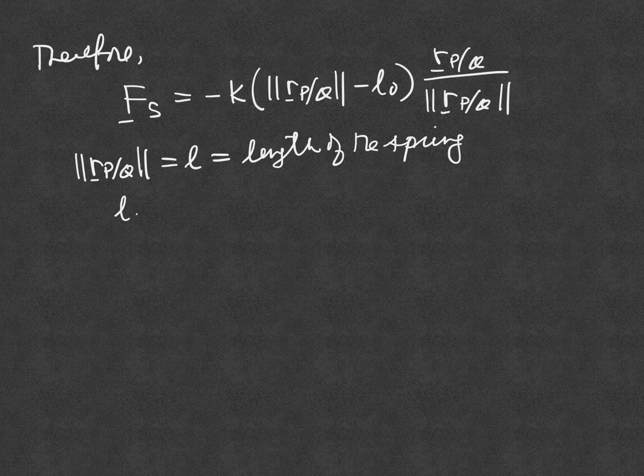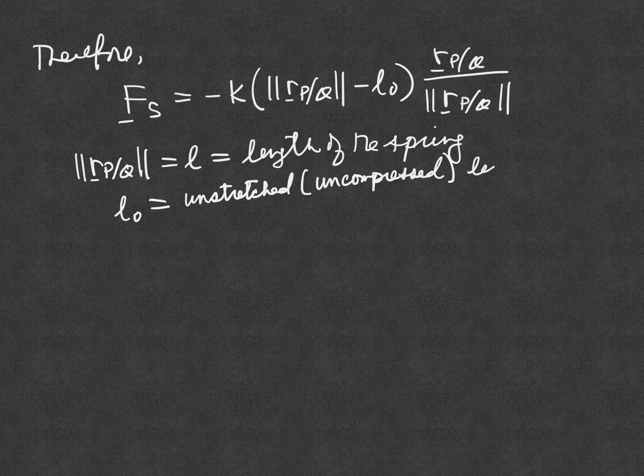L naught is equal to the unstretched, or equivalently uncompressed, length of the spring, and then K is the spring constant.